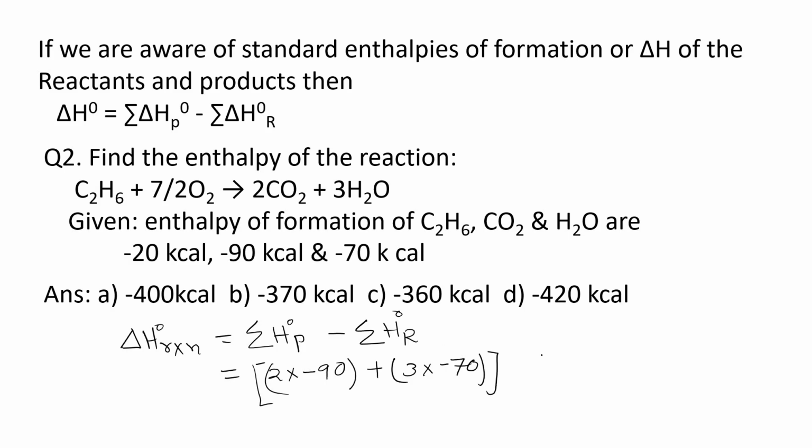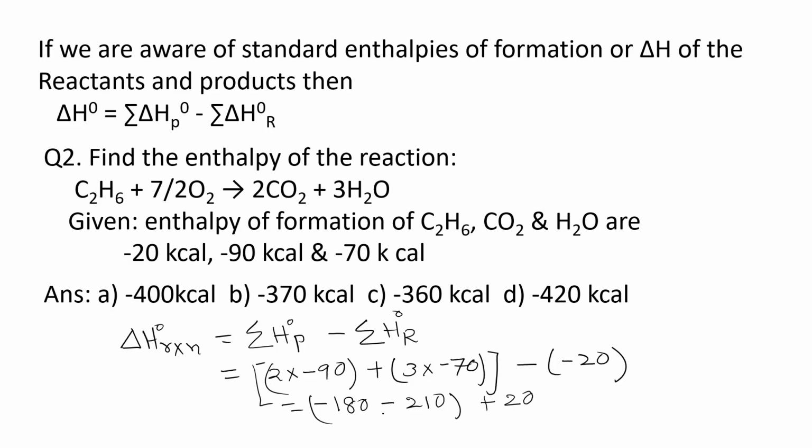Now, what is the reactant? The reactant is ethane. Ethane value, how much is it given? 1 mole of ethane. Ethane value is minus 20 kilocalorie. So if I do it, this is minus 180 minus 210, and then minus minus plus plus 20.